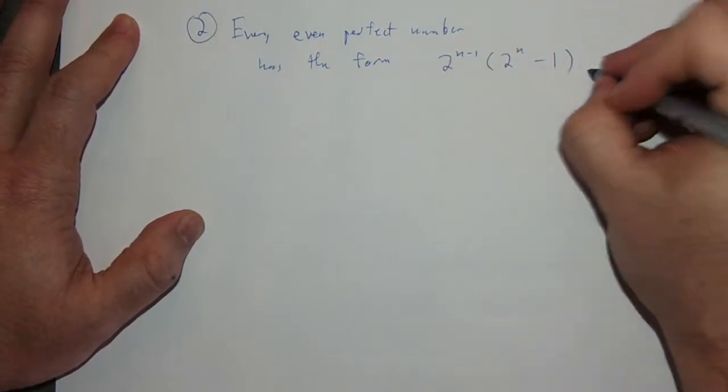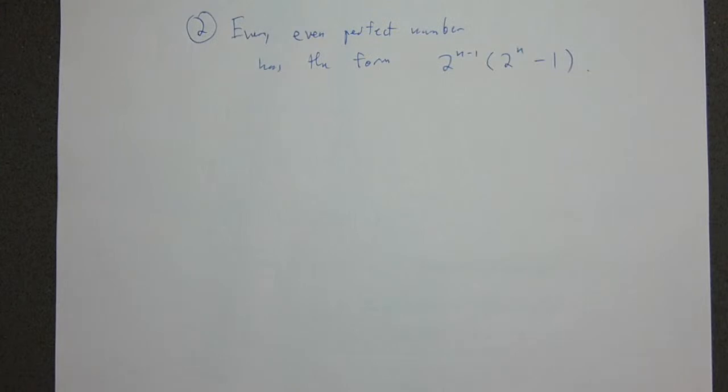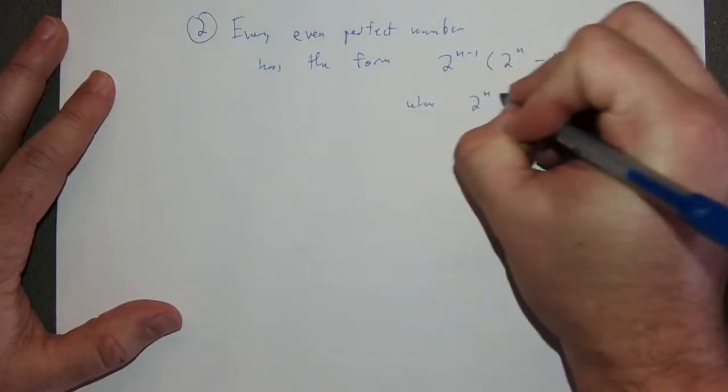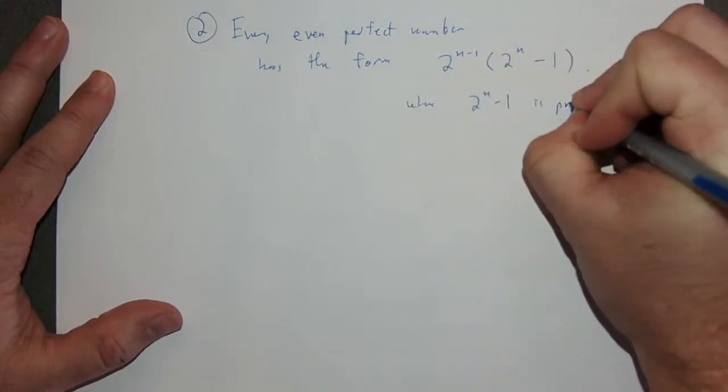We mentioned this fact when we discussed the Pythagoreans a long time ago. So the Pythagoreans did not know this. Euler showed that this had to be the case.